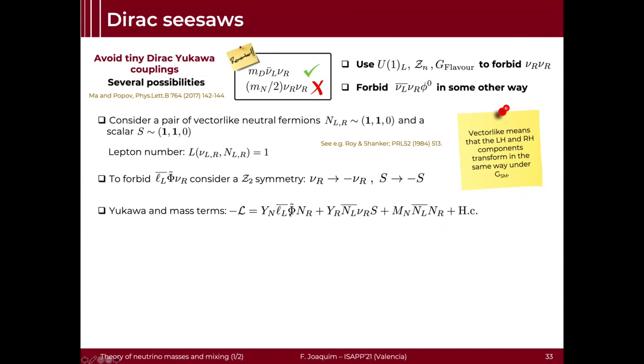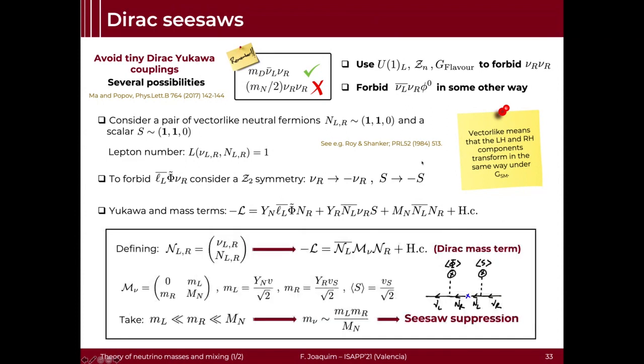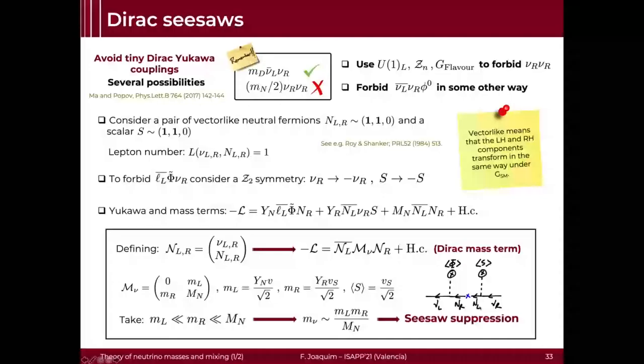So you see there is no coupling between the lepton doublets and the ν_R's.